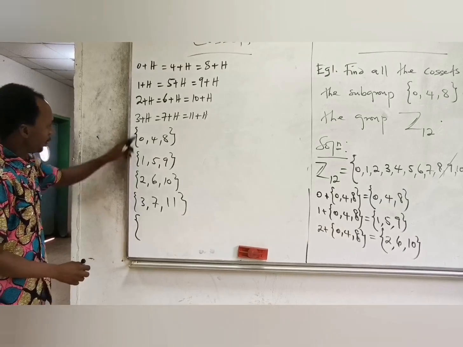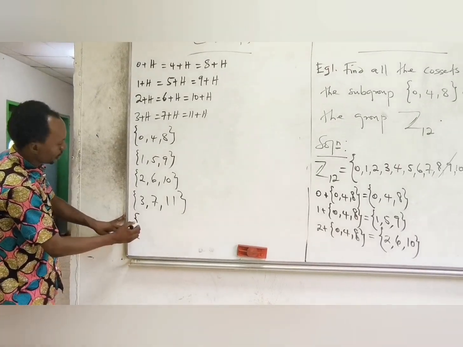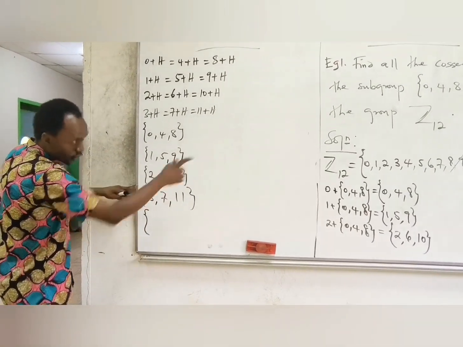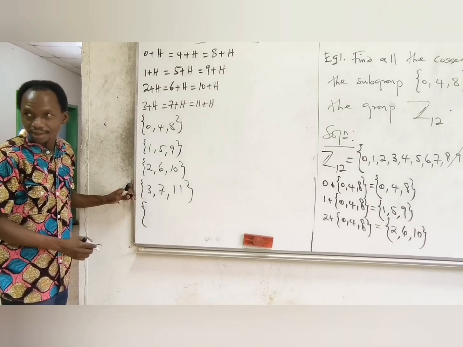So, let's write the cosets together to form the group. Can you all see?